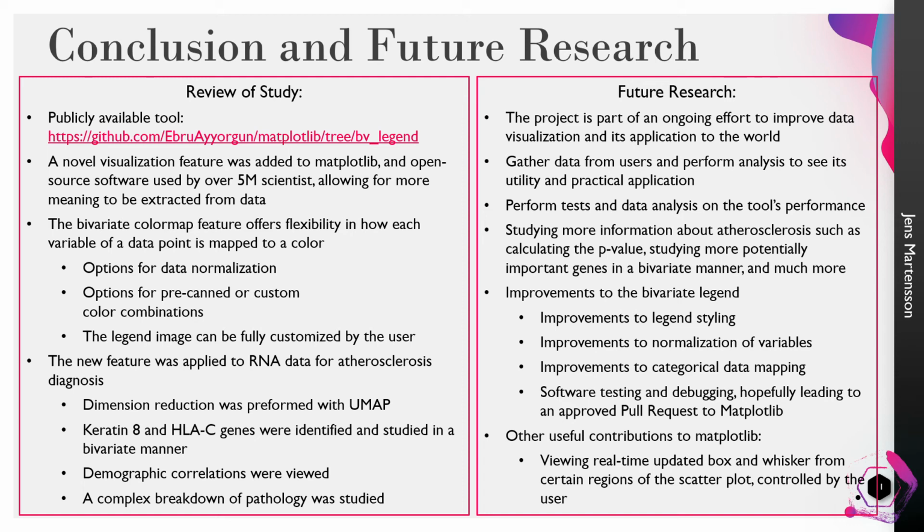And then I applied this to analyze RNA data for atherosclerosis. I performed dimension reduction, and I identified keratin 8 and HLA-C genes to potentially have impact on atherosclerosis development. We saw demographic correlations and also how different stages of atherosclerosis can develop over time together.